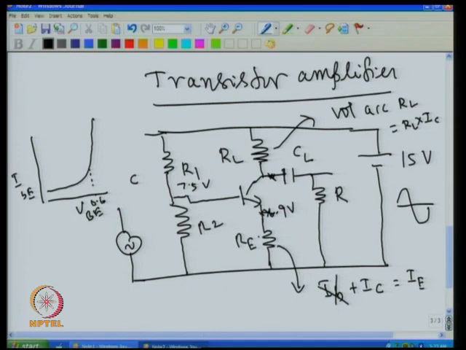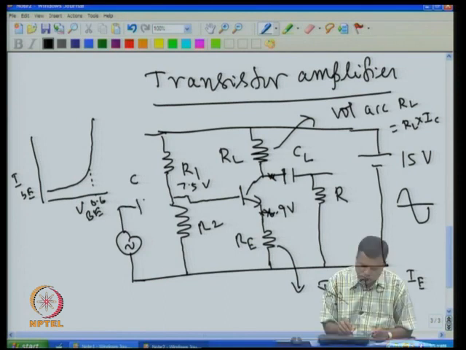If you want gain of 10, then this resistance RL and RE should have a ratio of 10, because whatever voltage I am giving here, for example I give an AC voltage through this capacitor to this point.